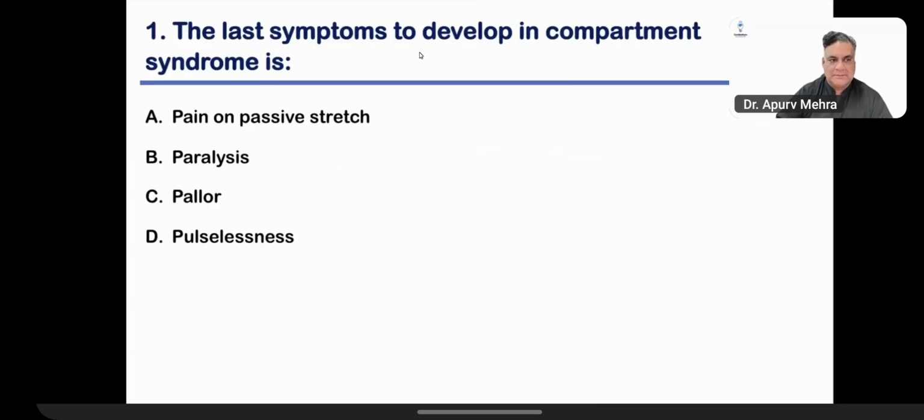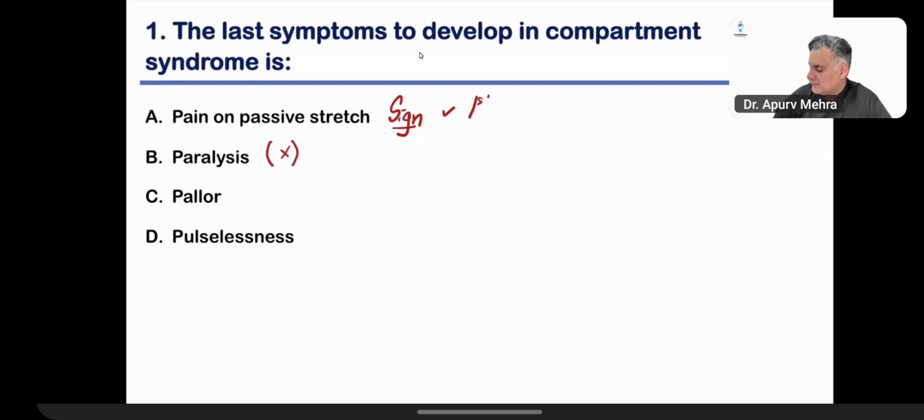First question. The last symptom to develop in compartment syndrome: at many places, the answer given to this question is paralysis. Pain on stretch is a sign.